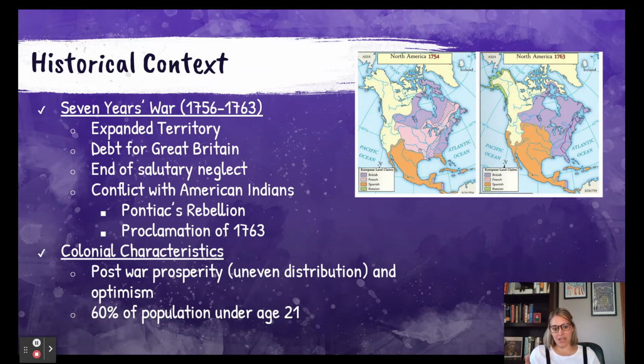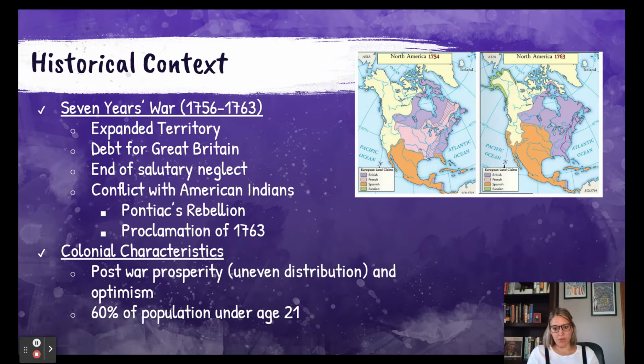They had the Navigation Acts to enforce trade restrictions. However, they weren't really enforcing them, which allowed the colonists a lot of freedom in their economic decisions. Additionally, there's conflict with American Indians, and the British pass the Proclamation of 1763 to prohibit American migration to the West.